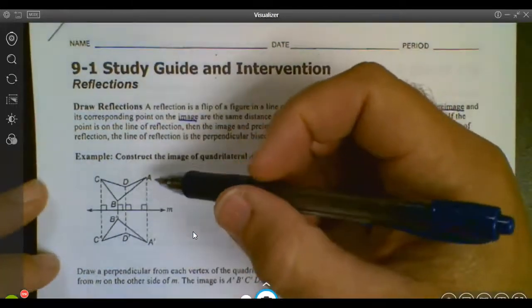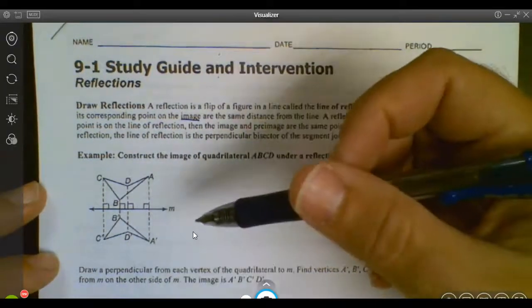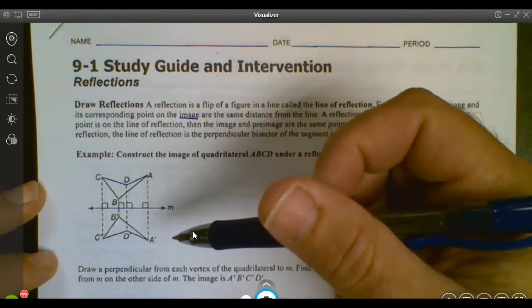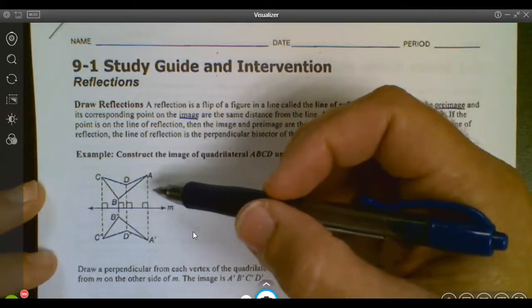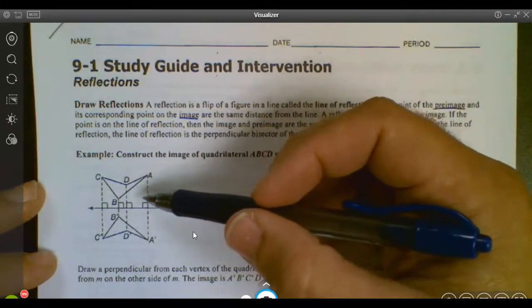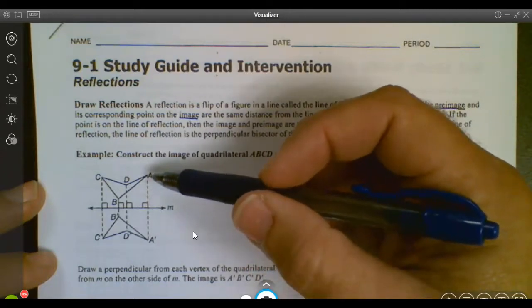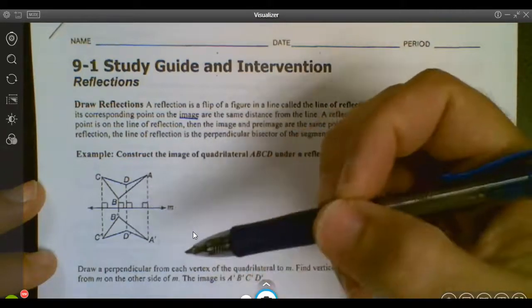So as we look at these, one thing that's going to be super important to keep in mind, we'll do a couple practice ones here in just a second, is whenever you reflect across a line, we always want to make sure that we go directly over that line. In other words, we want to be perpendicular to that line. So picture yourself standing here and pretend this line of reflection is a mirror, right?